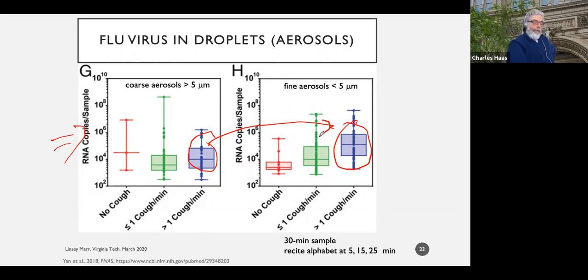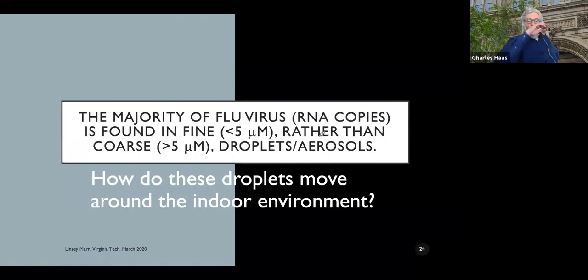Not so much difference with no cough or greater than one cough. So the bottom line conclusion is the majority of flu virus in terms of RNA copies are found in fine rather than coarse droplets and aerosols, which will lead us to ask, how do those particularly fine aerosols move around in the indoor environment?